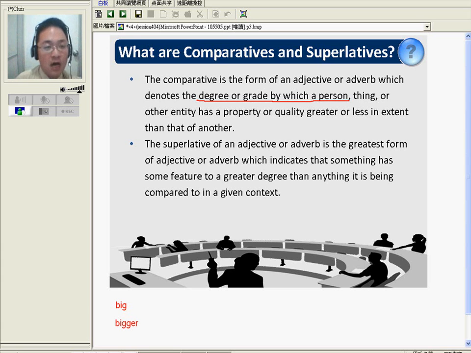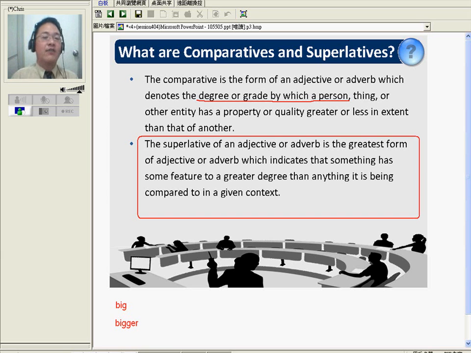And most of the time, it means that the subject is bigger than the object. But is it really big? Not necessarily, okay? Bigger does not equal to big, okay? In comparison, when you take two things, yes, one is bigger, the other one is smaller. But is it really big? Maybe not. All right? That's what we call a comparative.